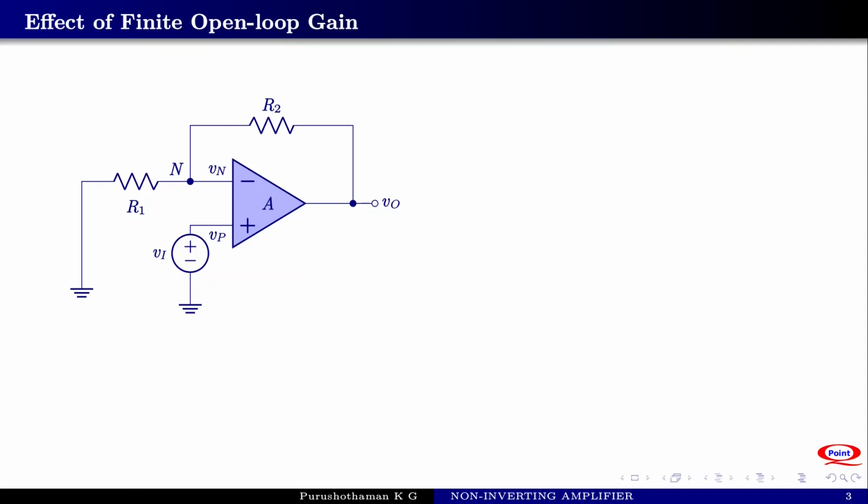We can now express the differential input Vd equal to Vp minus Vn, and it is equal to Vo by A, where A is finite. And since Vp equal to Vi, this expression becomes Vi minus Vn equal to Vo by A. So you can find Vn. Vn is equal to Vi minus Vo by A.